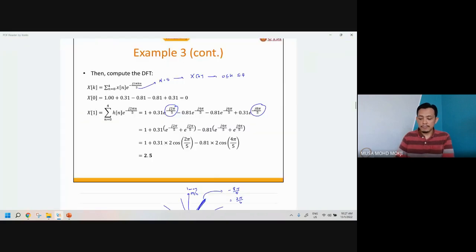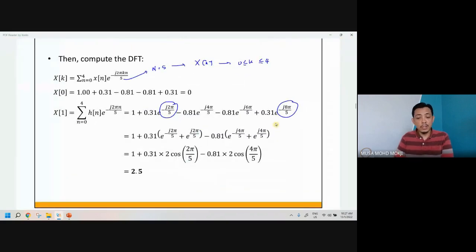By knowing that, we can group them so that we have 2 cos 2 pi over 5. And it is the same here: this is 4 pi over 5, minus 4 pi over 5. And this is minus 6 pi over 5, which actually equals 4 pi over 5. So you can group that into 2 cos 4 pi over 5. Then solving that will be much easier.